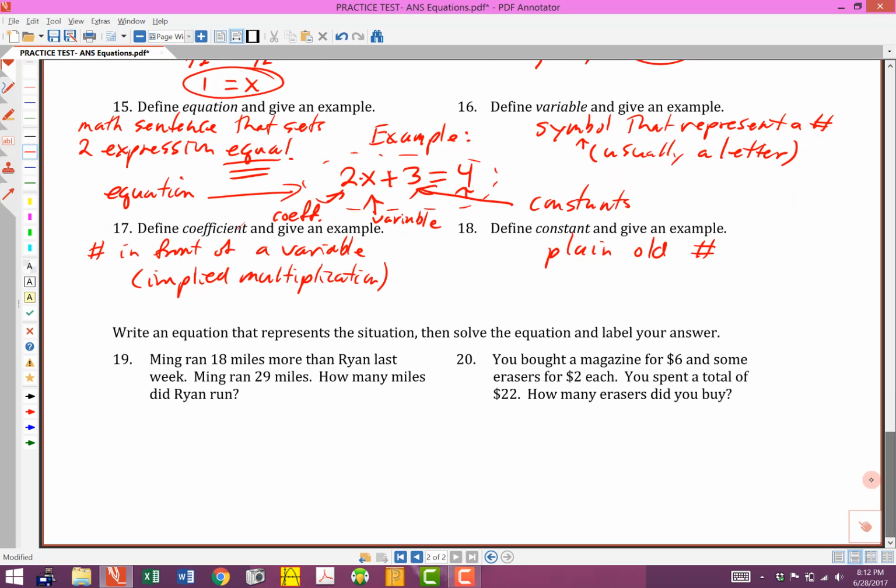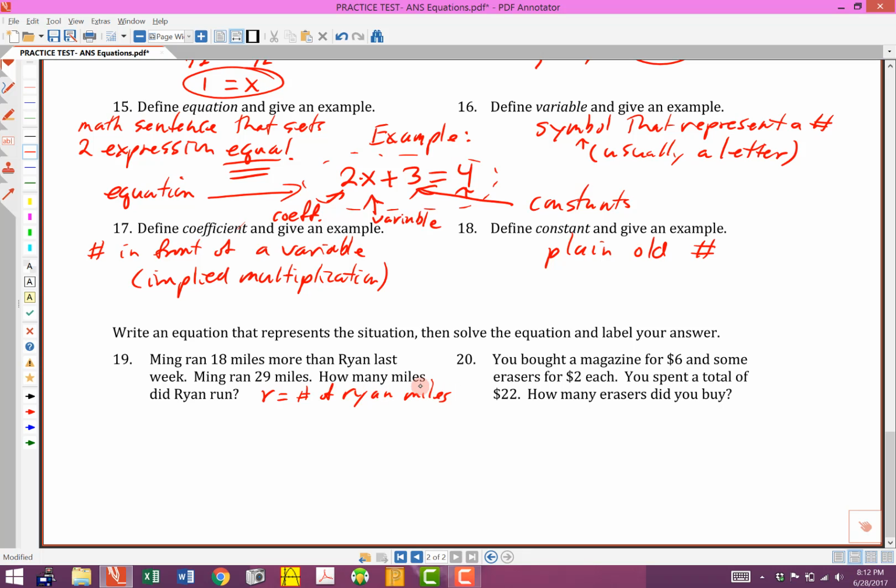Alright, last little bit here. It says write an equation that represents a situation, then solve the equation and label your answer. So, Ming ran 18 miles more than Ryan last week. Ming ran 29 miles. How many miles did Ryan run? Okay, so here's the question. How many did Ryan run? So we're going to say R equals number of Ryan miles.